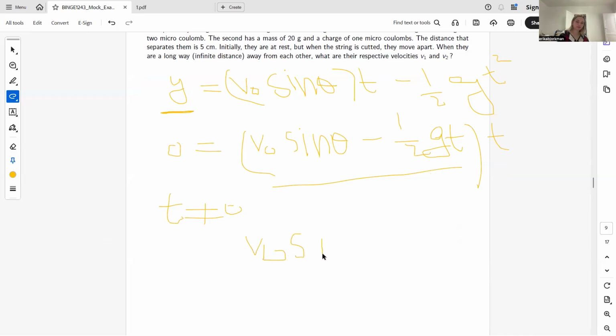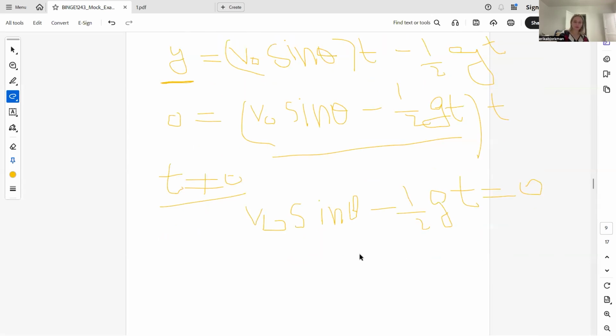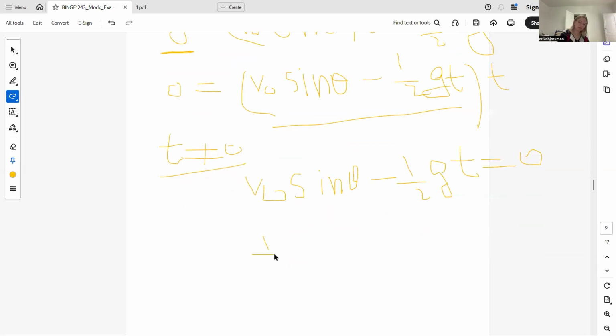Mathematically, only two possibilities are here. If t is equal to 0, or if t is not equal to 0, then the second term should be equal to 0. So instead of putting the first term equal to 0, we are putting the second term equal to 0. Now rearranging, half g t is equal to v naught sine of theta.